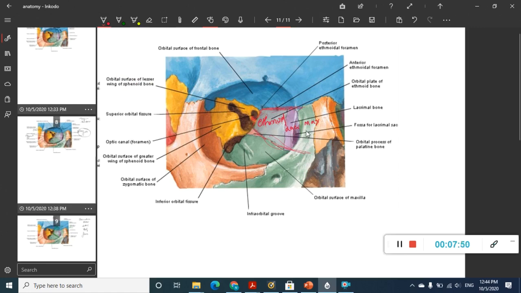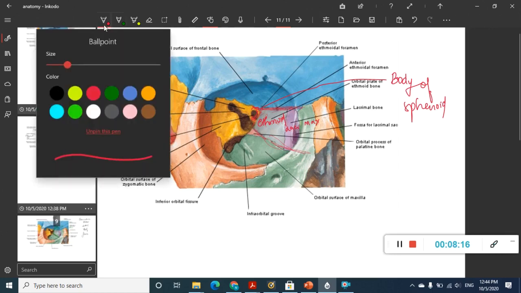So in the medial wall you see mainly these three: ethmoid bone, lacrimal bone and maxilla, and also a small part of the body of sphenoid is seen in the medial wall. So you see ethmoid, lacrimal, maxillary and body of sphenoid in the medial wall of the orbit.